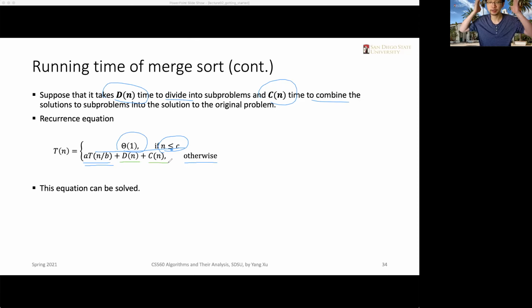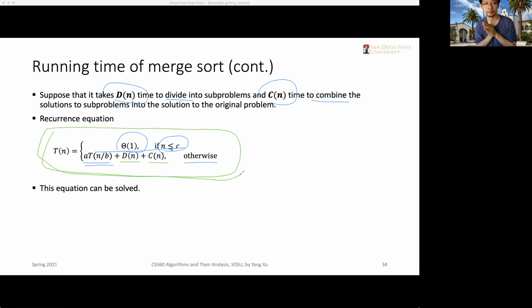That should include everything we need to spend on solving the original problem. This set of equations put together, we call a recurrence equation. All right, so this recurrence equation can be solved, and the question is how.